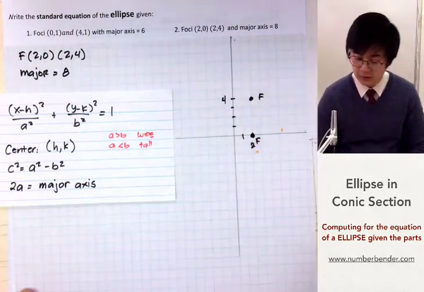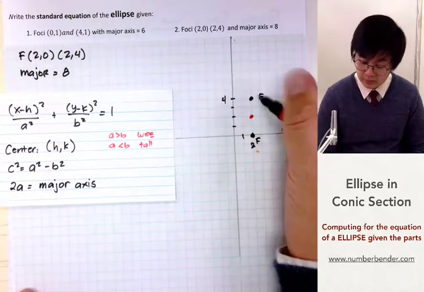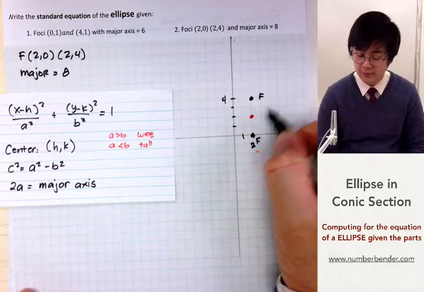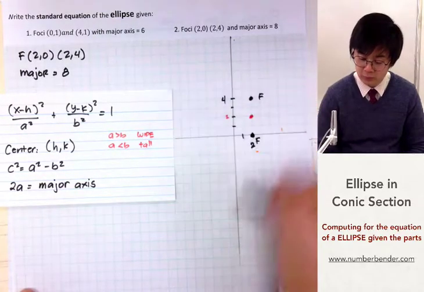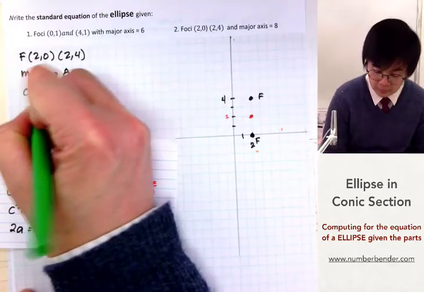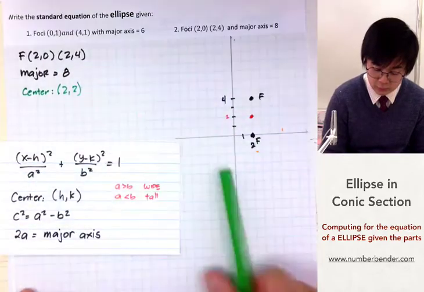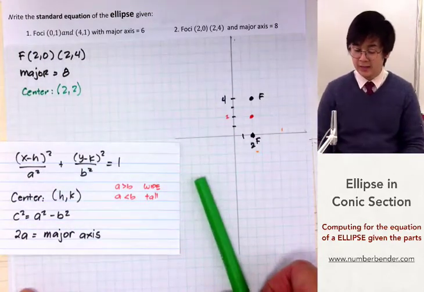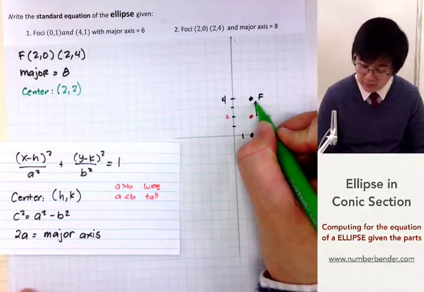So we'll find the center, which is in the middle of the 2 foci. So in between them, it will be at 2 and 2. So our center is at 2, 2.